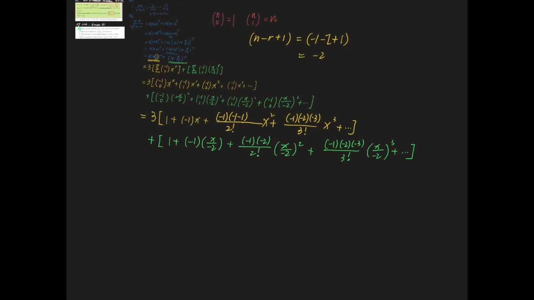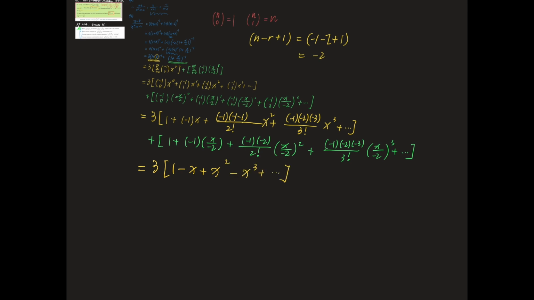Okay. So once you've done the expansion, what we can do is just simplify a little bit, right? So the yellow section will become 3 times 1 minus x plus x to the power 2, and then minus x to the power 3, and so on.